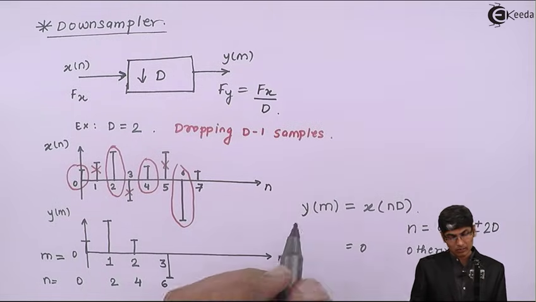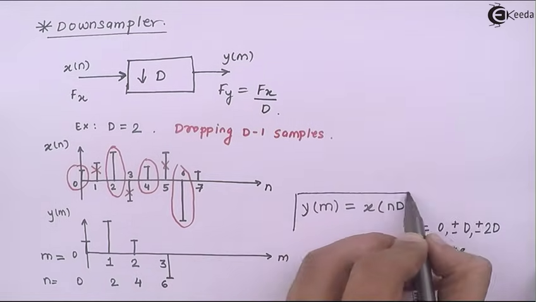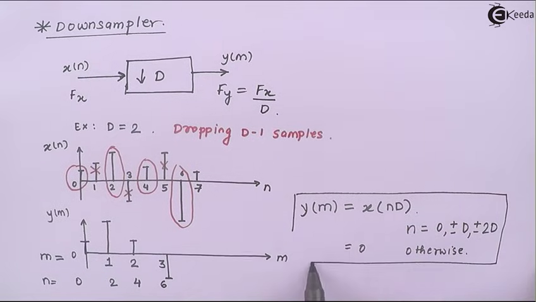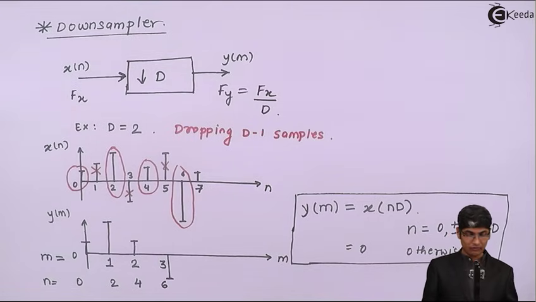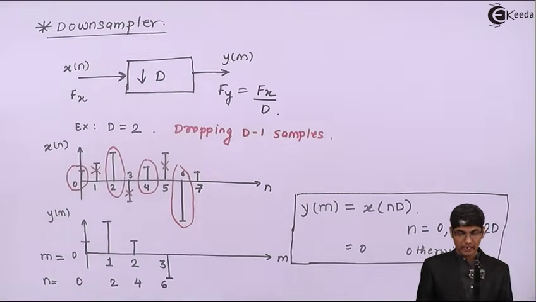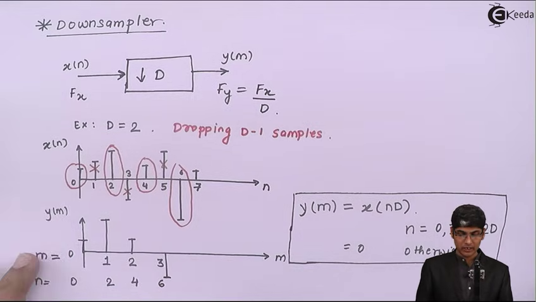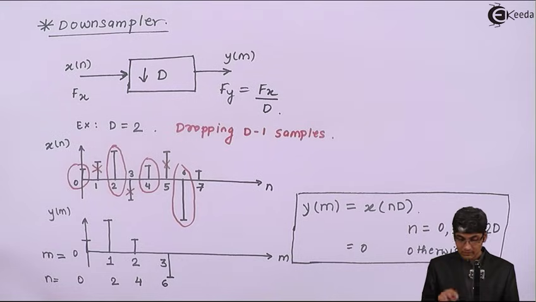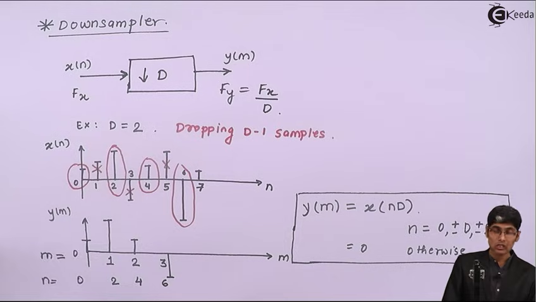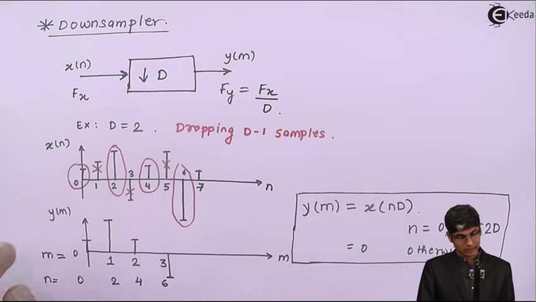So this will be my relation, a very important relation we need to take care of, because it will be needed in the derivation of decimation. So we have y of m equal to x of nd, where n is an integer multiple of d, that is 0, plus minus d, plus minus 2d, and so on and so forth. Okay, I hope that you have understood the relation.